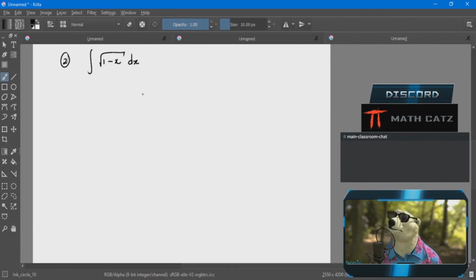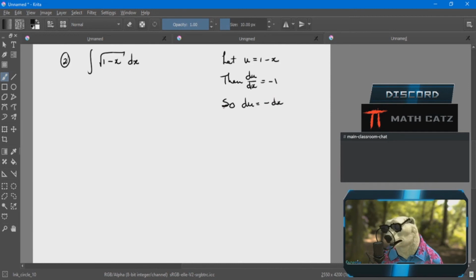So let's see here. I see a function of a function, substitution. Let u represent that inside function. Then the derivative is -1. So separating the variables gives me a negative dx. This is going to tell me exactly what to do.